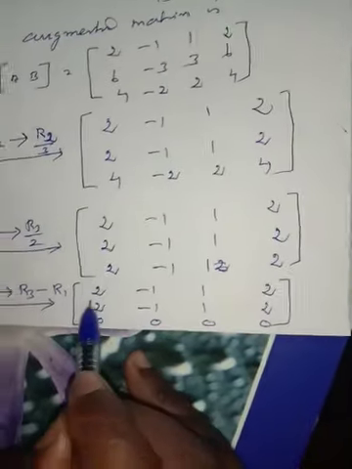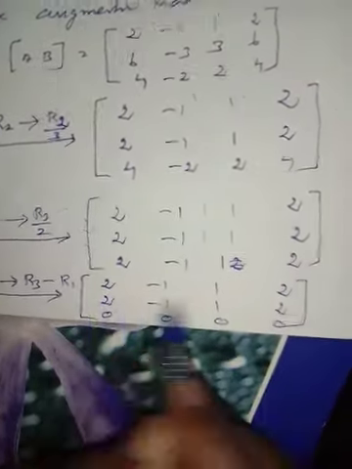Next rule is, in this case first row and second row, these two rows are same. Therefore next rule is new R2 implies old R2 minus old R1.